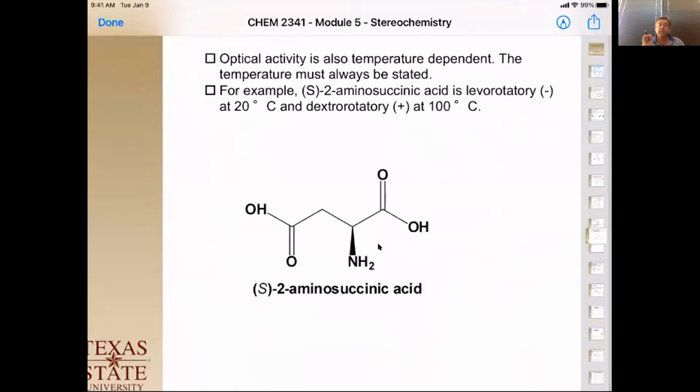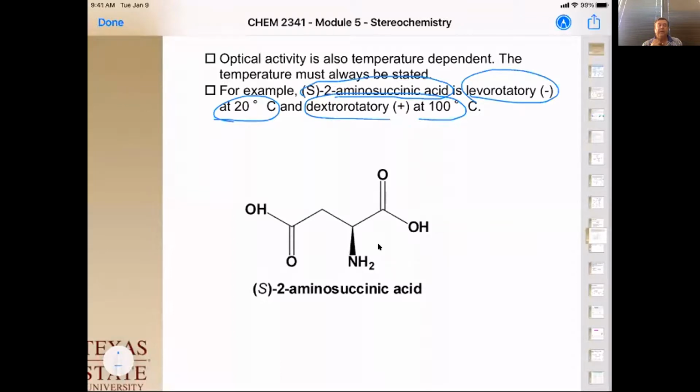So I said we always mark the temperature because one of the weird things is that as the molecule has enough energy to start doing free rotations around its sigma bonds, it can interact with light differently. An example is this aminosuccinic acid right here: at 20 degrees, it rotates light in the counterclockwise direction, but at 100 degrees, it actually rotates light in the clockwise direction, or dextrorotatory.